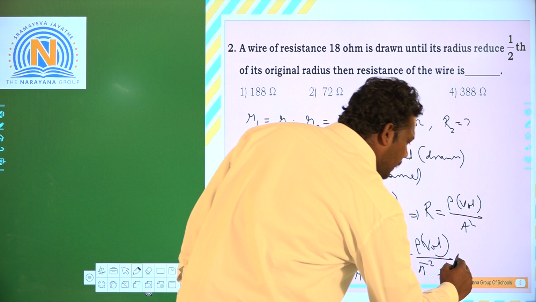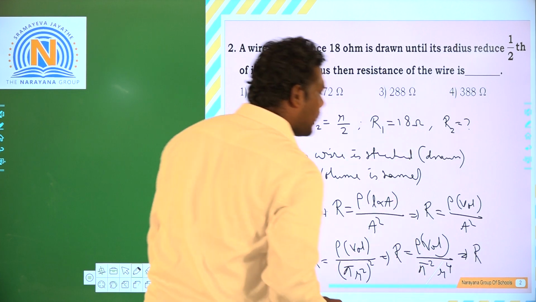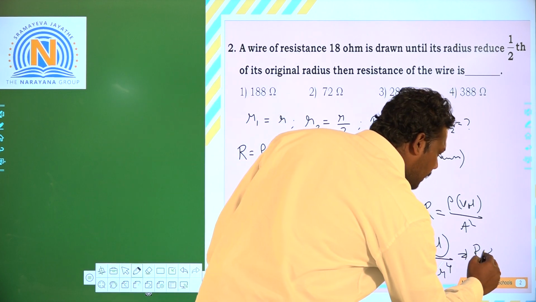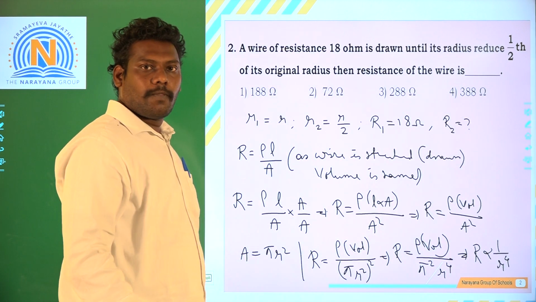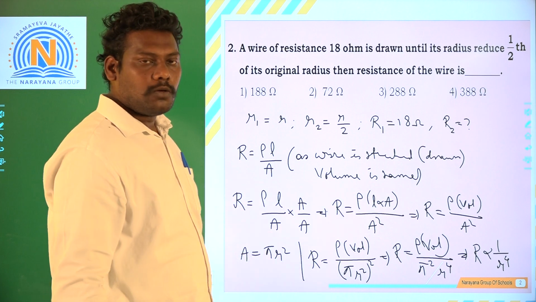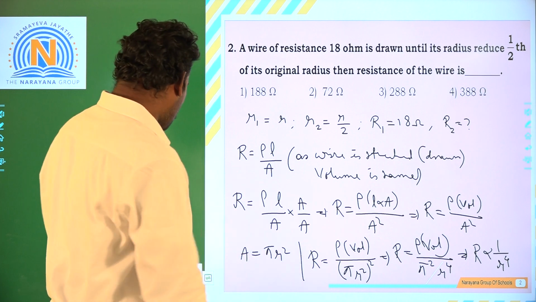So we get the relation between resistance and radius: R is inversely proportional to the fourth power of radius.